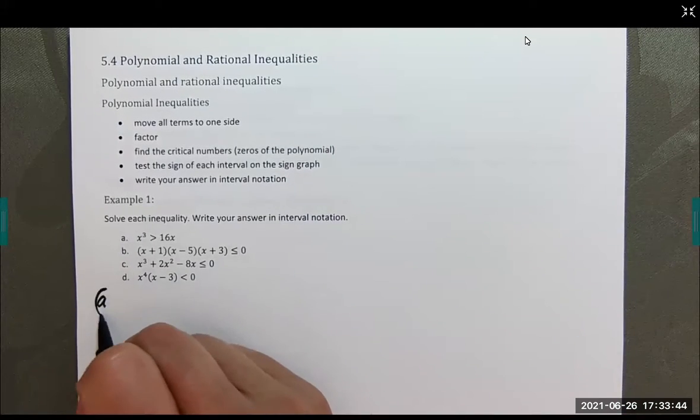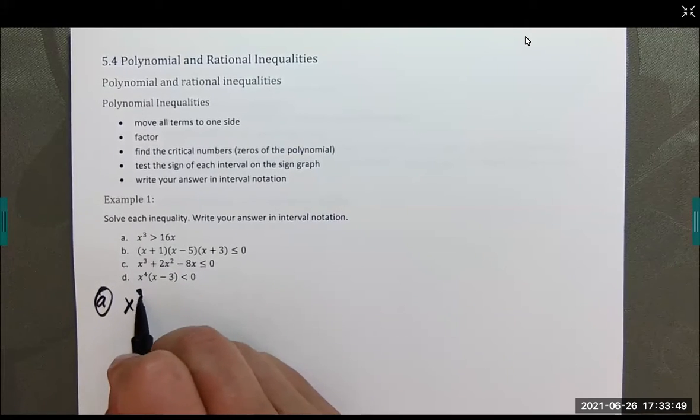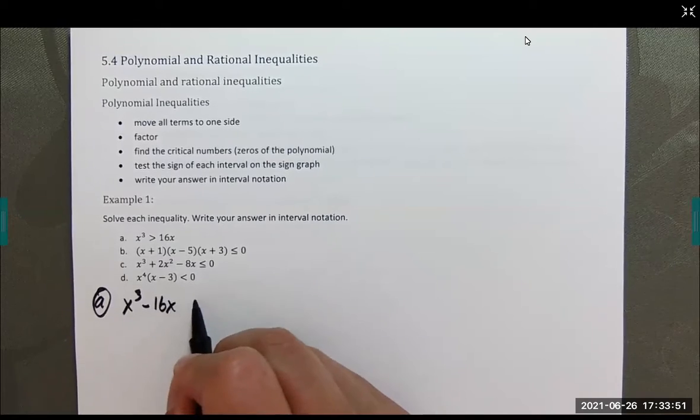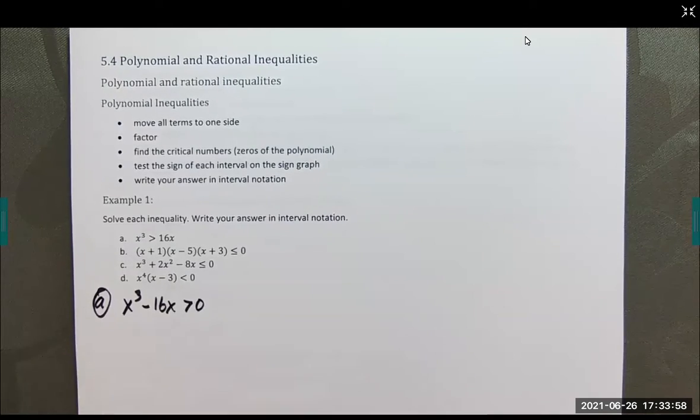So for part A, I'm going to go ahead and move that to the other side. So x cubed minus 16x is bigger than 0. We have to get it always with the 0 on one side. I'm going to go ahead and factor this.